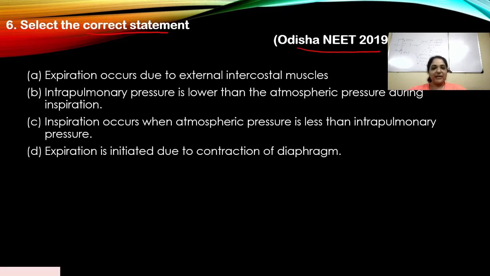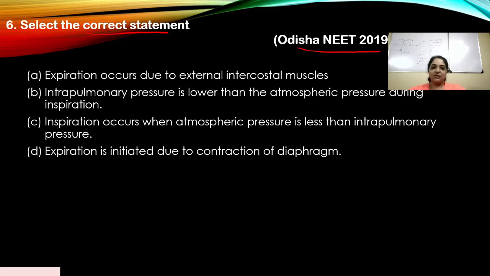So expiration is a passive process. B, intrapulmonary pressure is lower than the atmospheric pressure during inspiration. Yes, I have already explained that previously. During inspiration, the atmospheric pressure is higher outside than it is in the lungs, and so air moves from high pressure to low pressure.